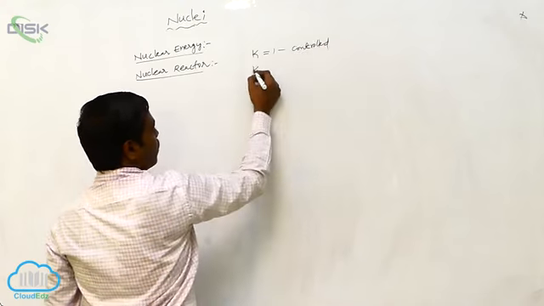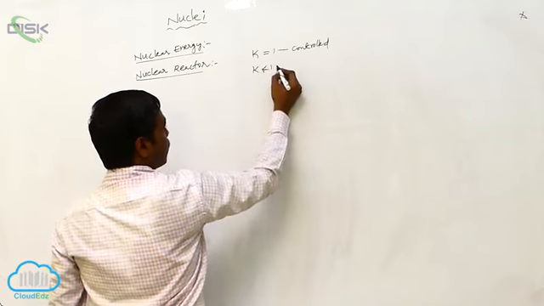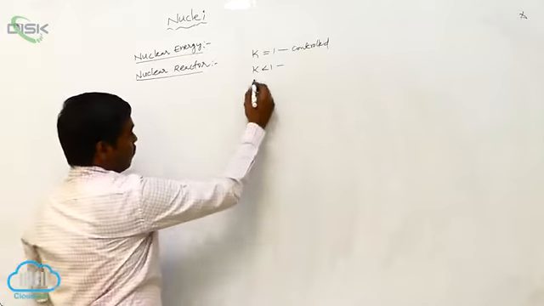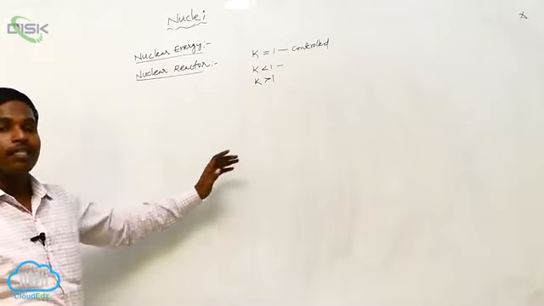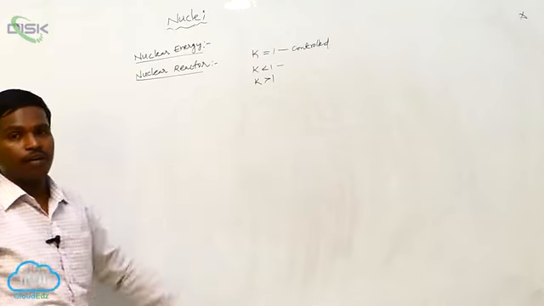If K is less than 1, the neutrons released are reducing. If K is greater than 1, more neutrons are released and the neutrons are uncontrolled.